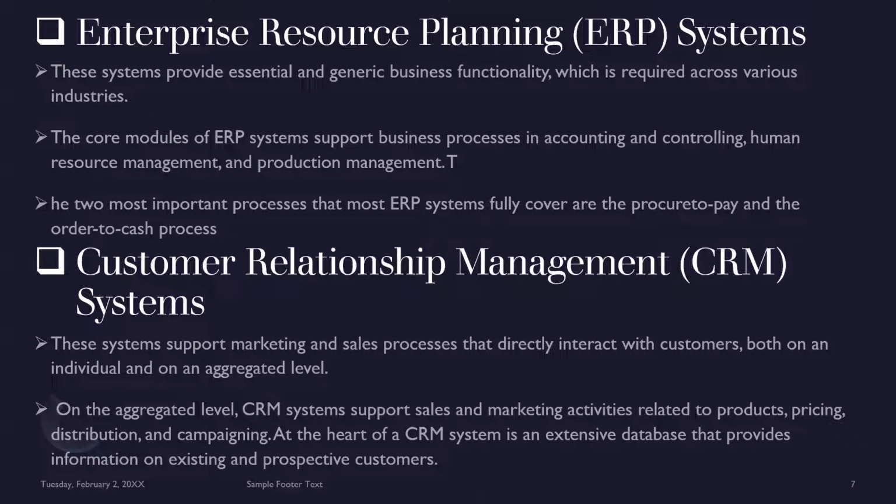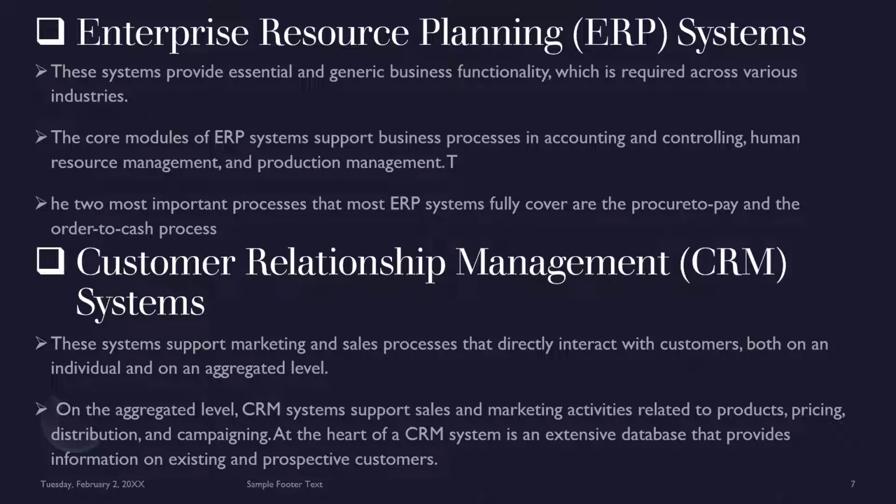This system provides essential and generic business functionality, which is required across various industries. And the core modules of ERP are controlling, human resource management, and production management. And the two most important processes of ERP can be described as the procure to pay and order to cash processes.